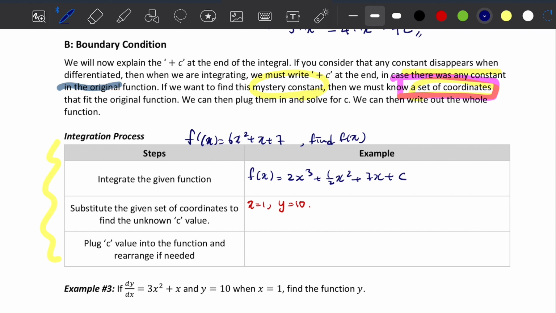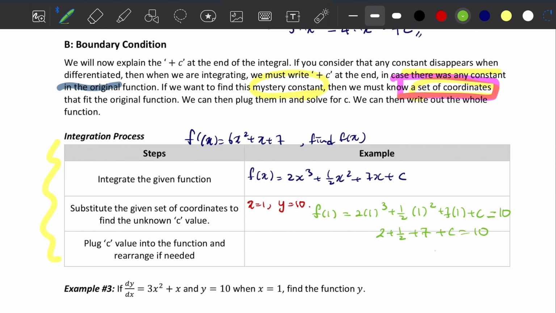So here I have x value equals 1, y value equals 10. Once you have a set of those coordinates, you just have to substitute them into your equation like this, and you solve for that Mr. C. So you will have 2 plus 1 over 2 plus 7 plus c equals 10.